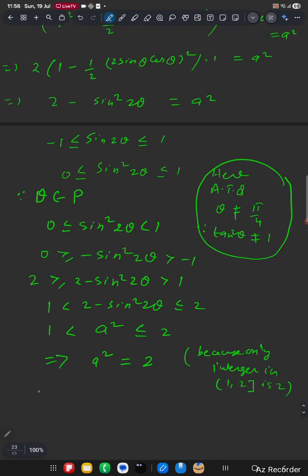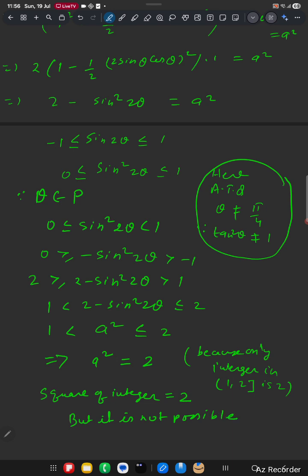Now by this we are saying that the square of an integer is equal to 2, but that is not possible. Why?